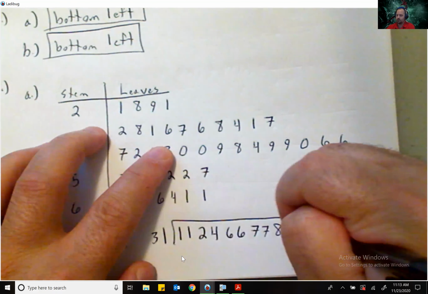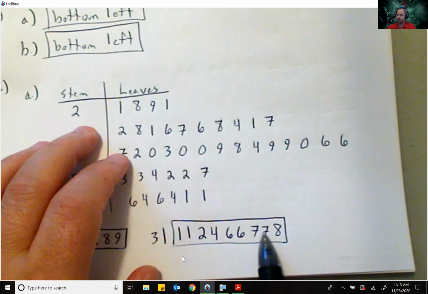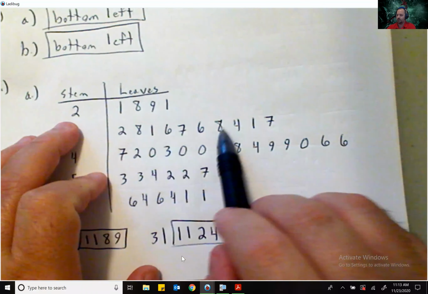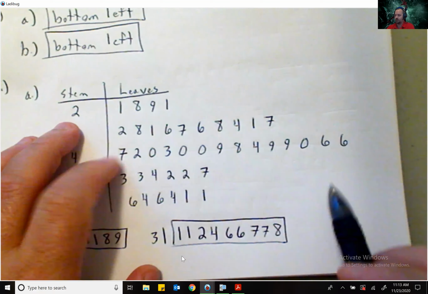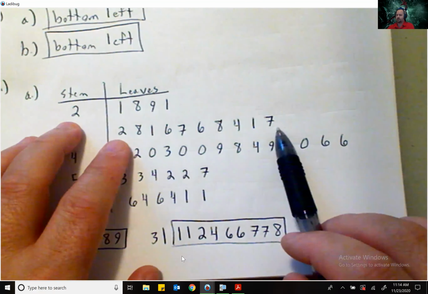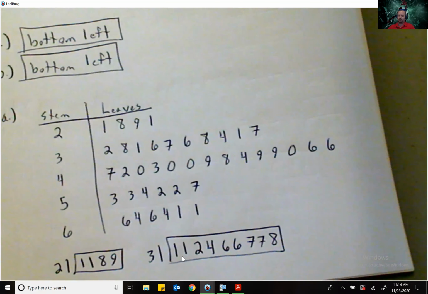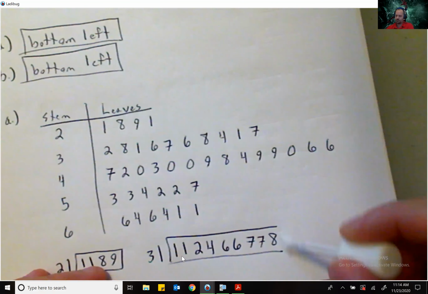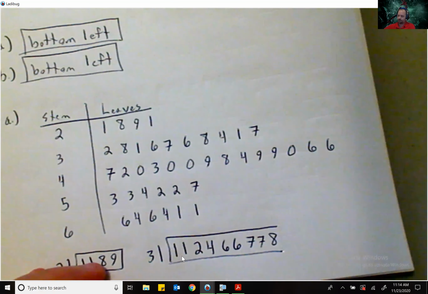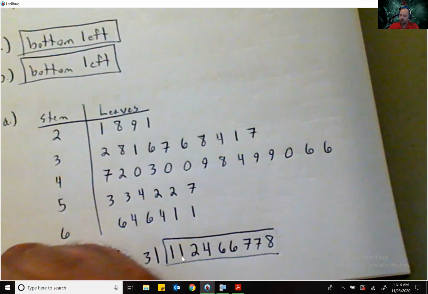So there's the 3s. 6, 7, 8, 9. Whoa, missed one. What did I miss here? 2 8s. See? So easy to miss one. That's why I double check my counting. I'll put another 8 there in a moment.